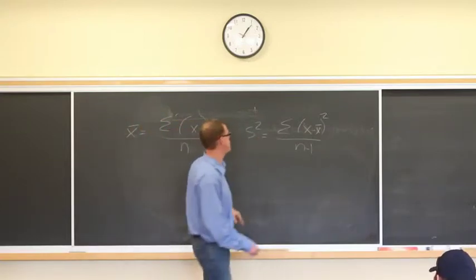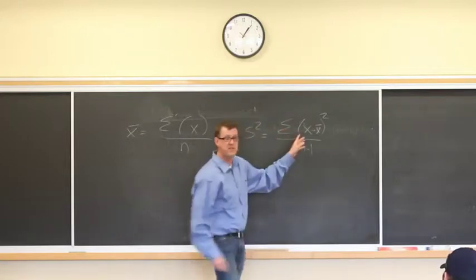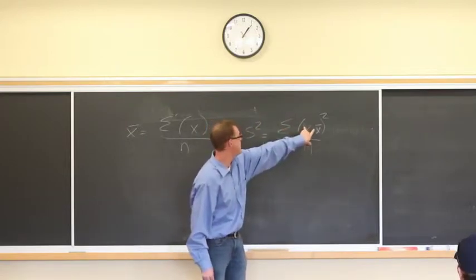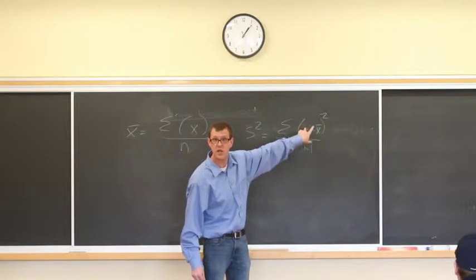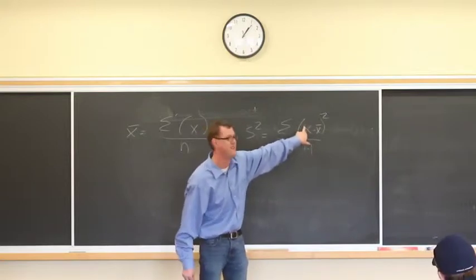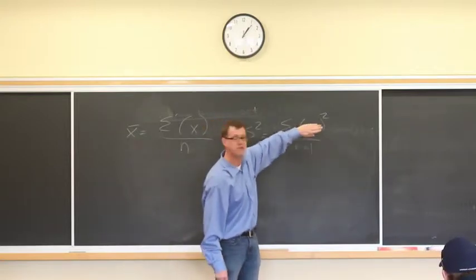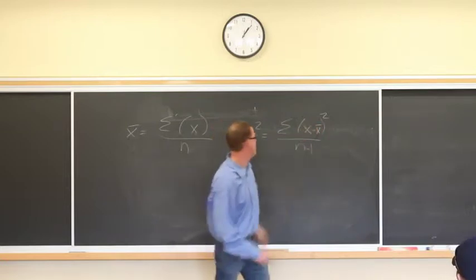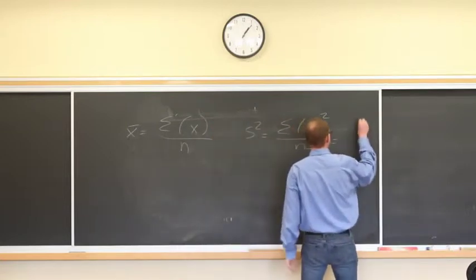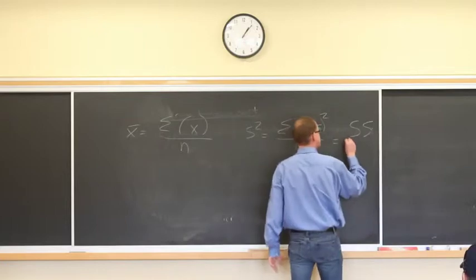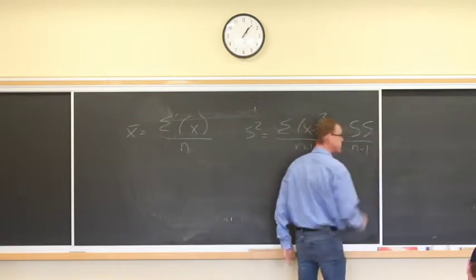So what is it the mean of? Well, it's the mean of a sum of squares, right? We're taking these deviation scores and we're squaring them. So we have a bunch of squared values and we're summing them up. So we can also represent this as a sum of squares over n minus 1.